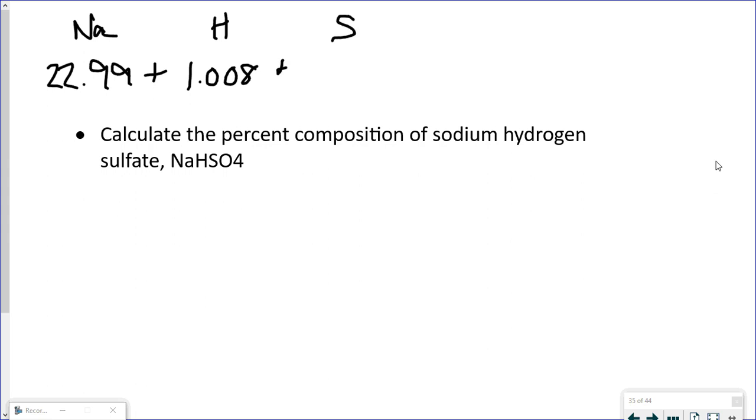Add to that sulfur, which is 32.07, since there's only one of them. And then our oxygens, we have 4 of them, and they are 16 apiece. So if we put that in the calculator, our molar mass is equal to 120.068.